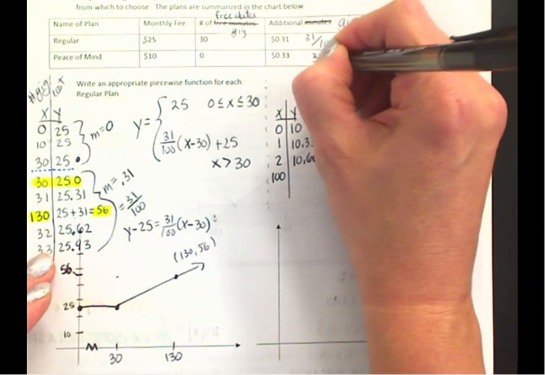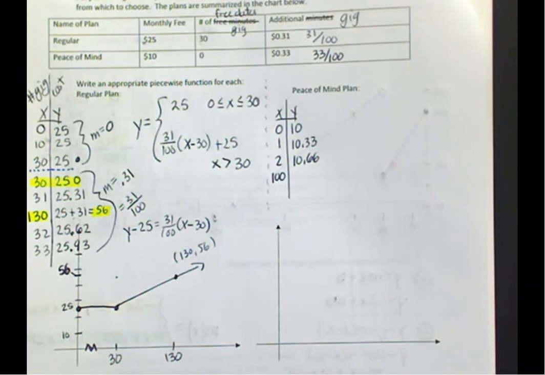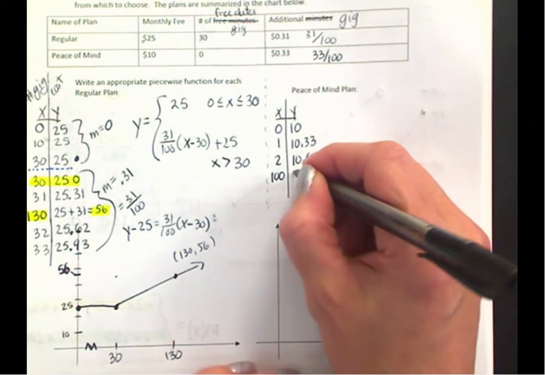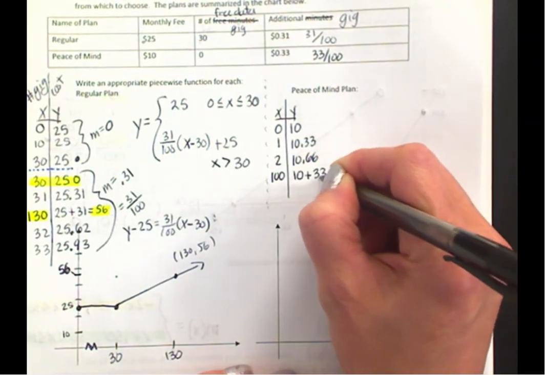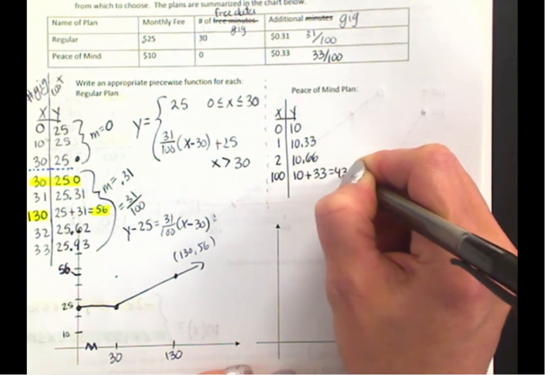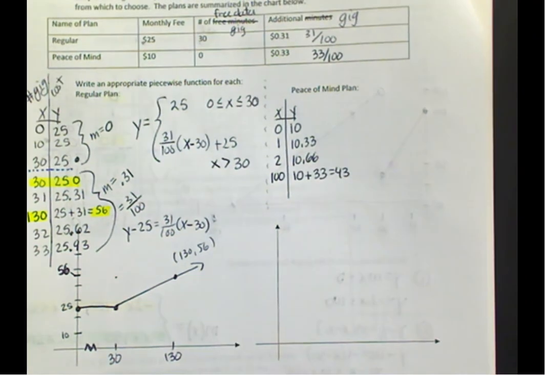So why do I choose 100? Because my slope is 33 over 100, which means I'm going to get $10 plus 33, so $43. That's why you write slope as a fraction, not a decimal, because then you can pick numbers that simplify nicely.